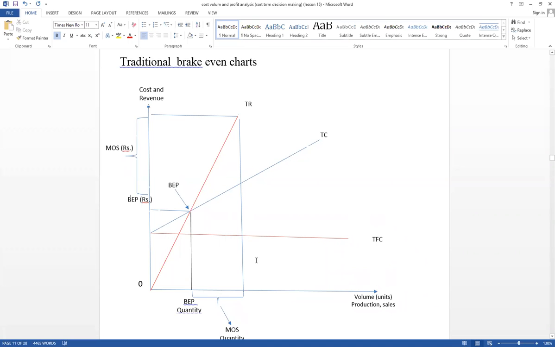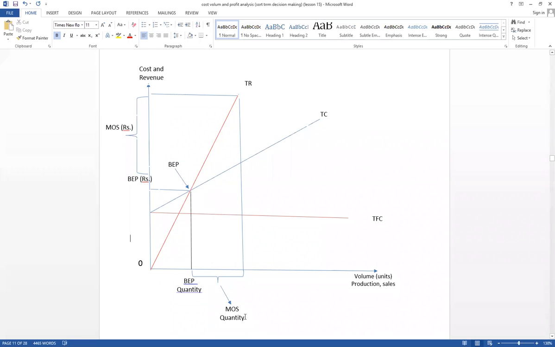Then beyond the BP, that is a margin of safety quantity. Think about here beyond the BP, expected sales quantity minus BEP quantity. This is the expected sales quantity beyond the BP. This is a margin of safety quantity, and beyond the BP value equals margin of safety value.